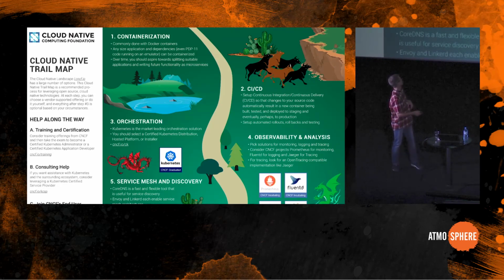They basically say that you start with containerization of your applications, then you focus on continuous integration and continuous delivery. You should probably at this point already have it split into microservices, and then you employ an orchestrator to manage your services. Those three are the mandatory steps to go into cloud native methods.